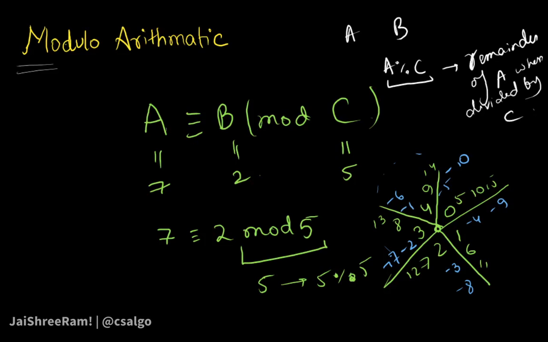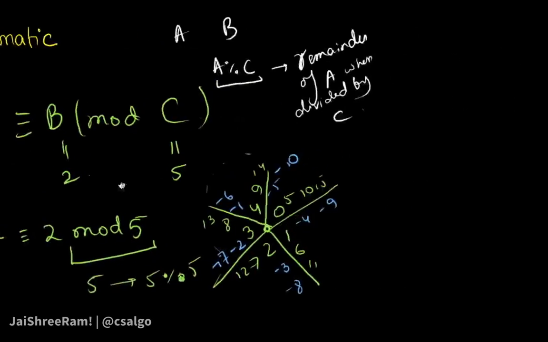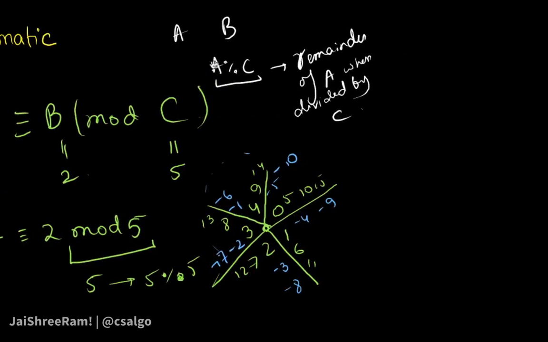This is what we are talking about when we talk about remainders. So this is how you note down remainder in programming. You find out A modulo C, you find out B modulo C. If they are both same, then you say that they are congruent. So that's what this is meaning, that A mod C is equal to B mod C.